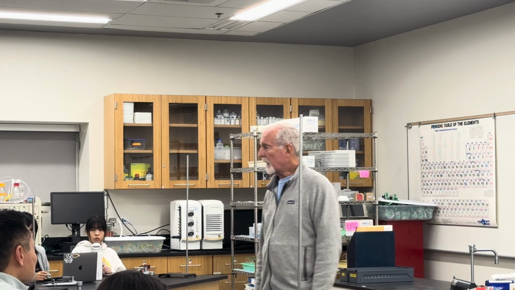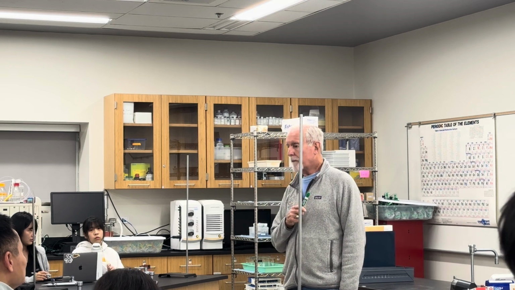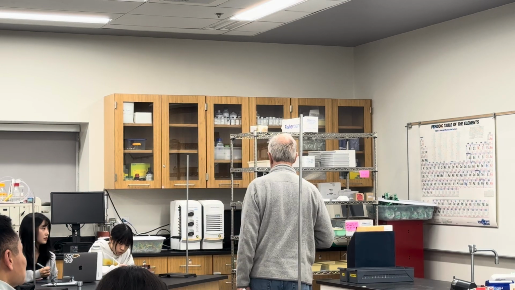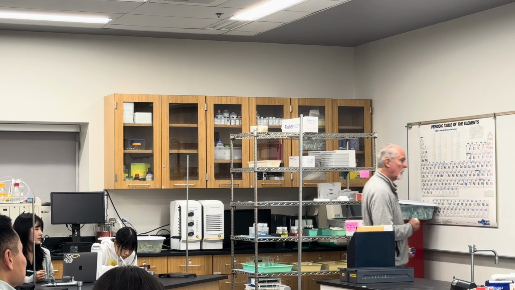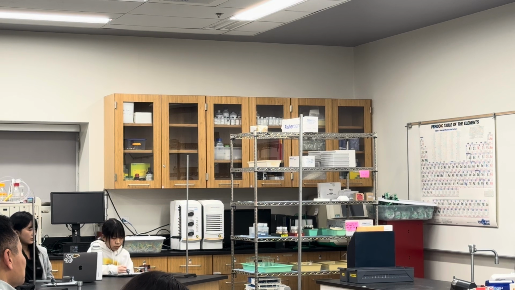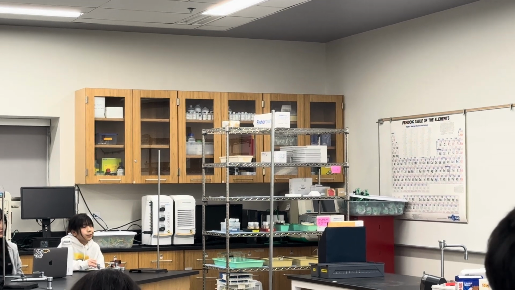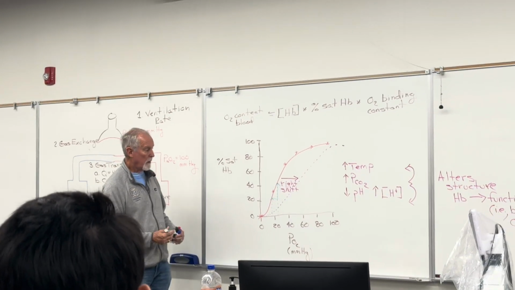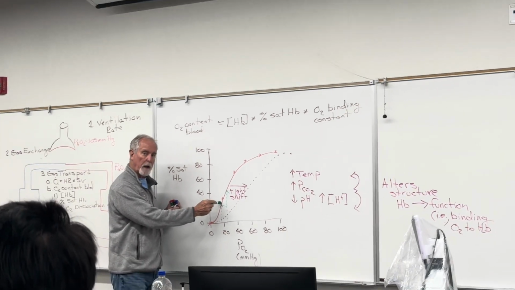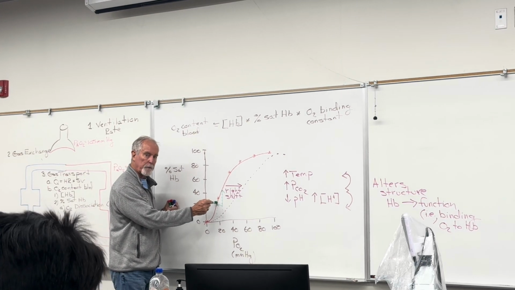Here's what I would tell you, the slope of that curve represents the affinity that hemoglobin has for oxygen. So let's just take these two points right here. So this delta reflects the affinity that hemoglobin has for oxygen.